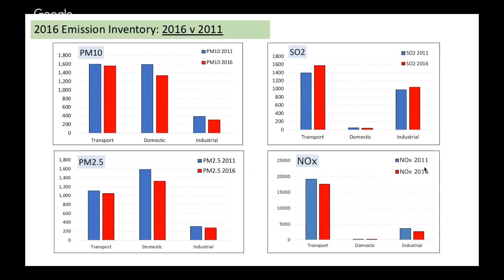This is the emission inventory 2016 versus 2011, and the key thing here is that most things are going down slightly, but there's a slight increase in SO2 from transport for Auckland City. This is a slide showing the proportional changes.